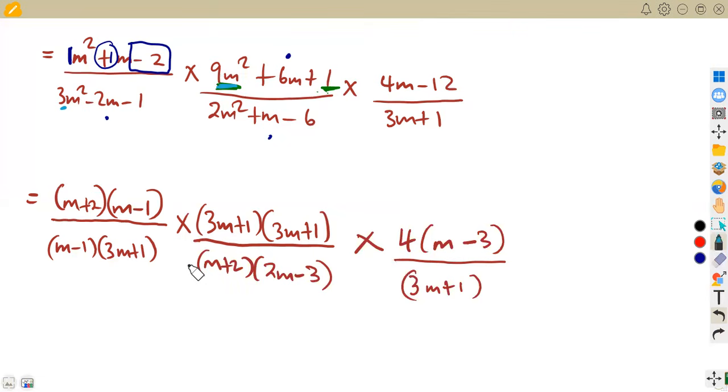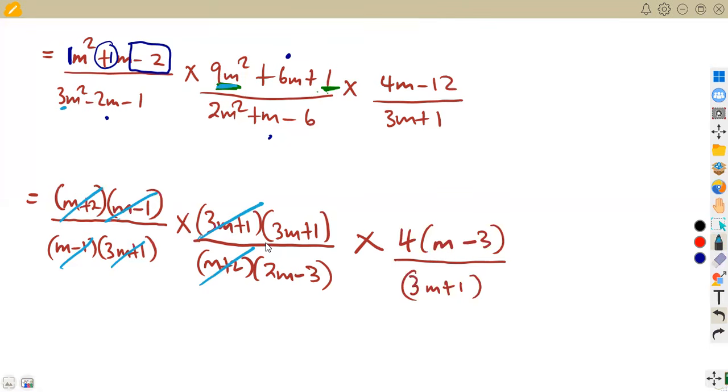So which part can we cancel? Let's start with the m minus 1, m minus 1. 3m plus 1, 3m plus 1. And m plus 2, m plus 2.